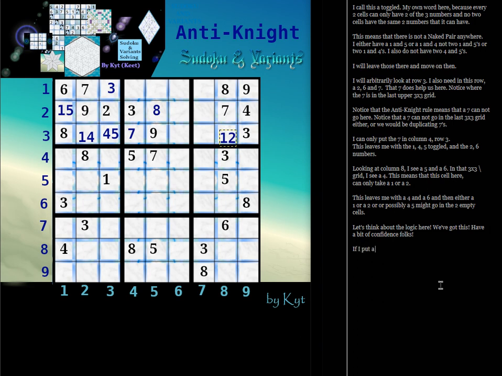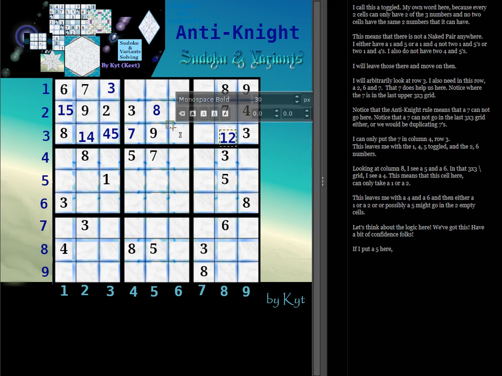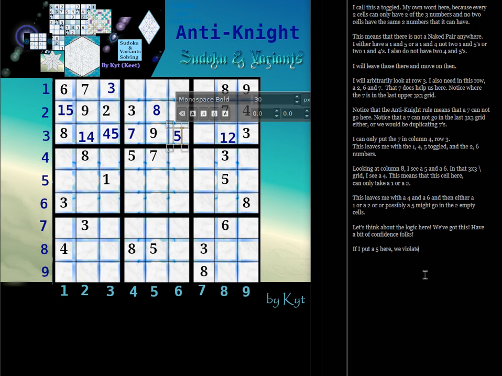If I put a 5 here, we violate the anti-knight rule.